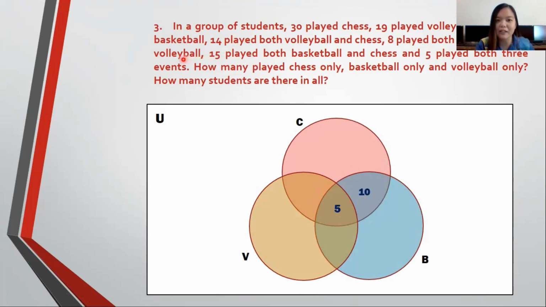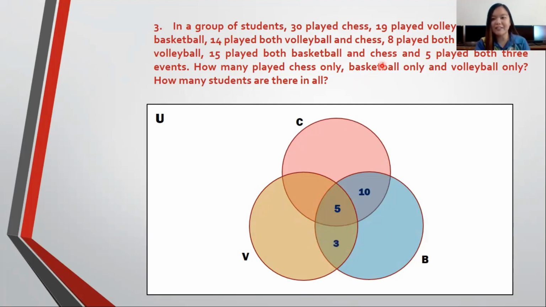Now next, volleyball and basketball. So 8. So volleyball and basketball dito. This is the intersection of volleyball and basketball. Since sa problem, there are 8. So, since may 5 dito, ang kulang ay 3. Very good.